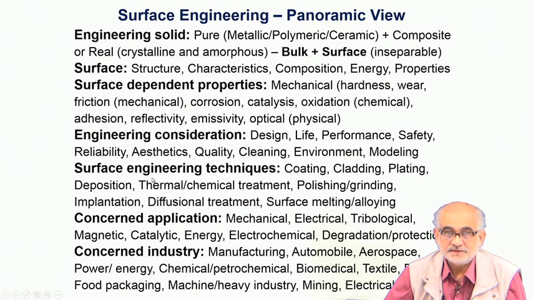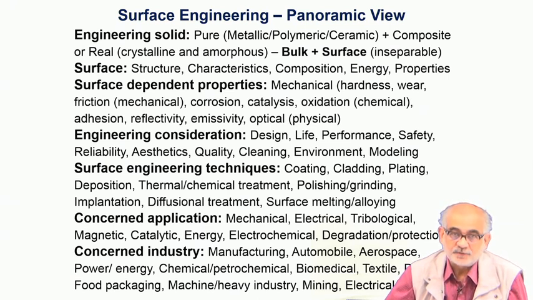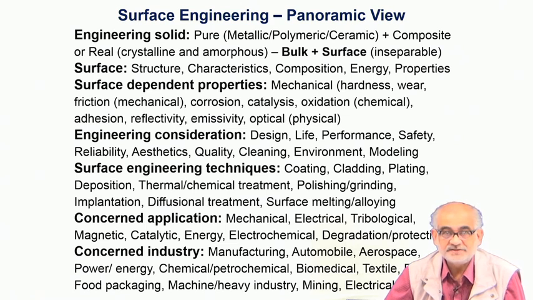We actually intend to understand how we can modify the near surface region, which could be in the limit just a few atomic layers, and on the extreme could be several millimeters. So in this entire range of the surface, if we can change the microstructure and composition or either of them, we certainly can improve many of these properties that we just discussed.